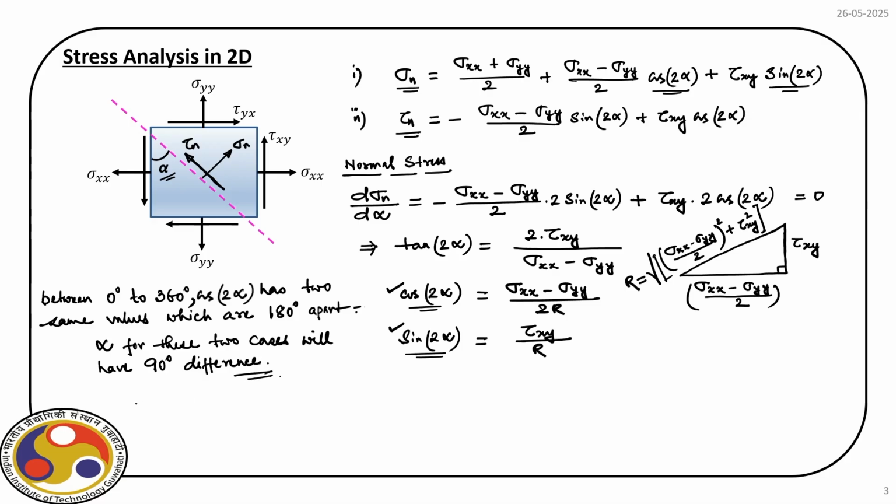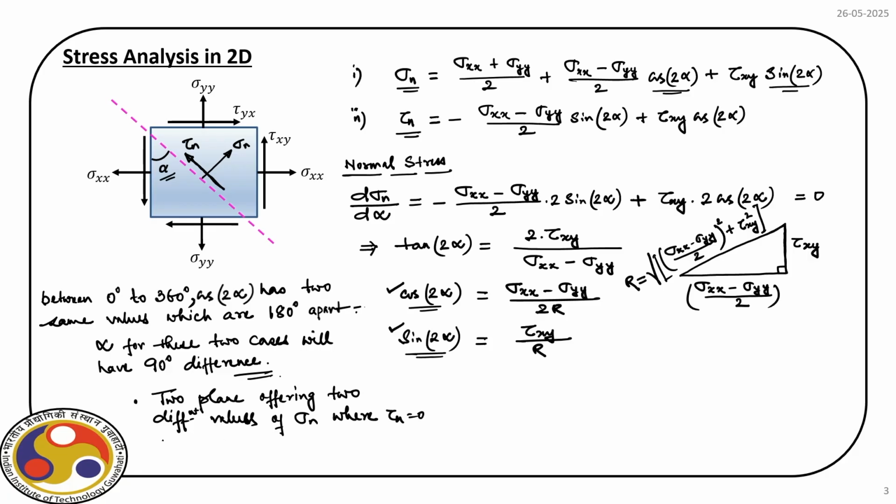So, we will have first conclusion: two planes offering two different values of sigma n, and we have already identified that corresponding to this plane tau n will be 0. So, we write where tau n is equal to 0.